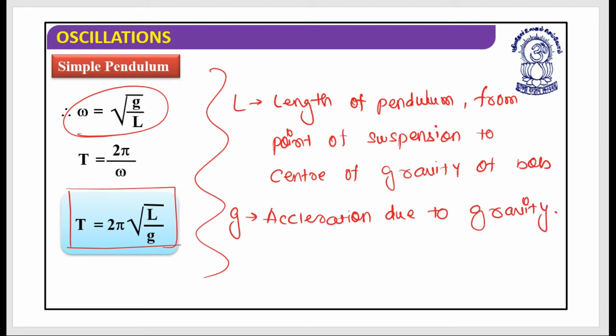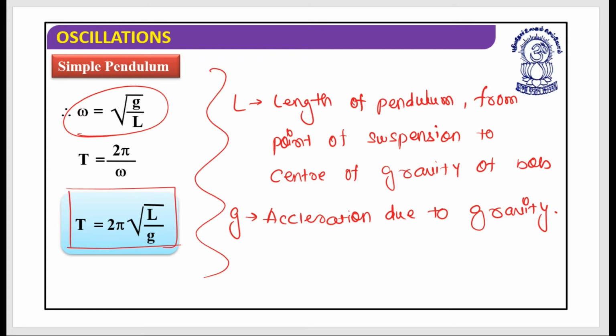Generally, what I can see at this point is that it depends on these two things: the length of the pendulum from the point of suspension to the center of gravity of the bob, and g, the acceleration due to gravity.